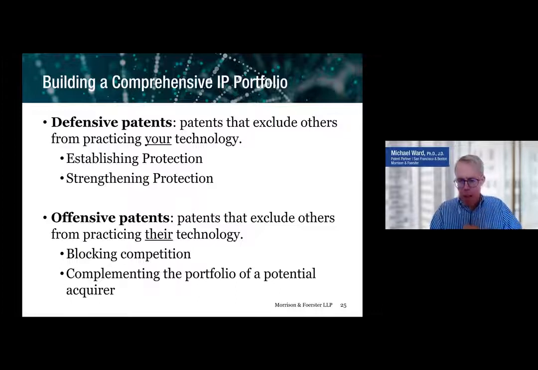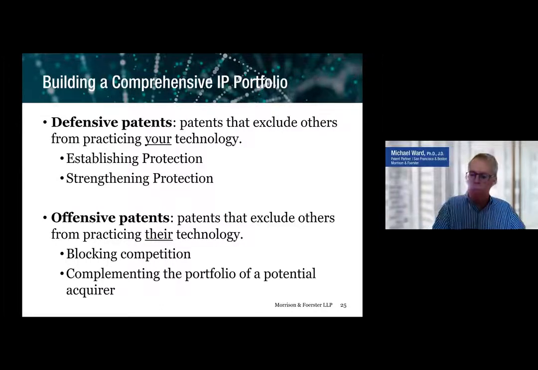Because we want to block the competition, particularly if they might be getting close to us. They may be doing things a different way, but if we can craft our own patent applications and patents with claims that might block them, all right, what can we do? We can potentially complement your own patent portfolio so that you may go acquire that other company, okay? So to build your own value, that other company may have some things that are really interesting and useful to you.